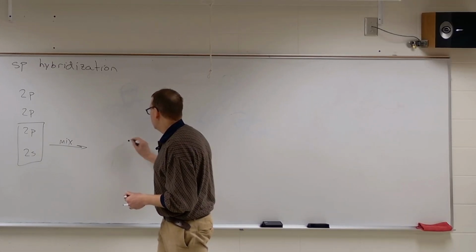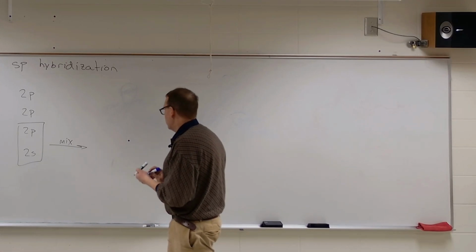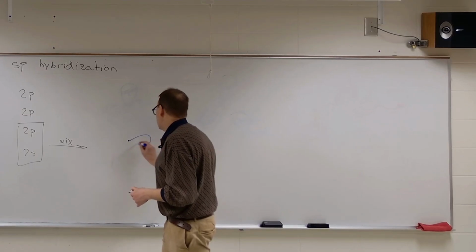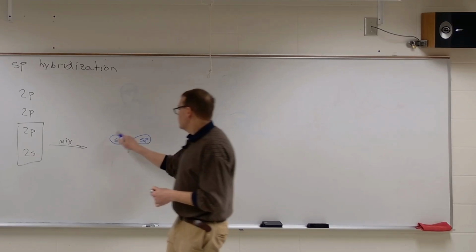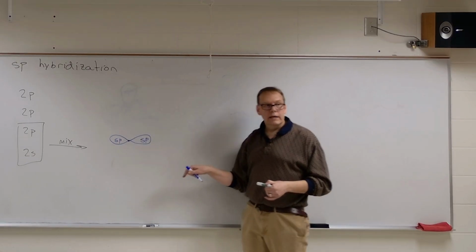So there's a nucleus, and you get two sp orbitals that are exactly opposite each other. And so this is what gives rise to 180-degree bond angles.